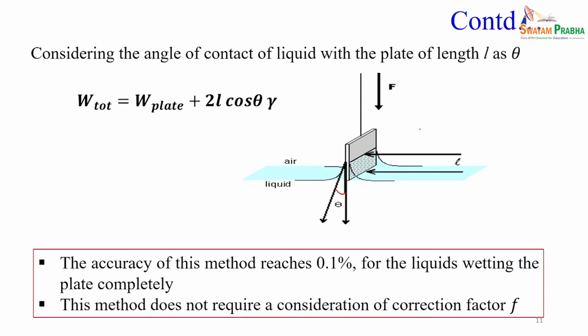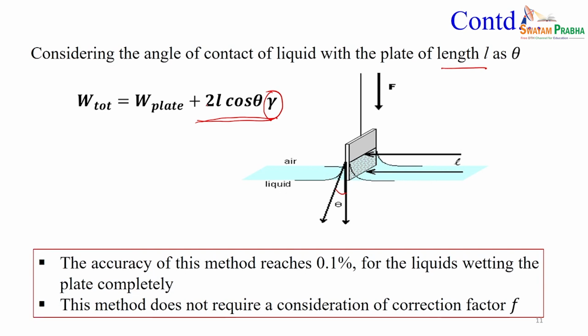And if you consider the length of the plate as L, then this perimeter will be twice L cos theta into the surface tension. So, the perimeter will be twice L cos theta, and 2 is coming because the plate is being contacted from both sides.